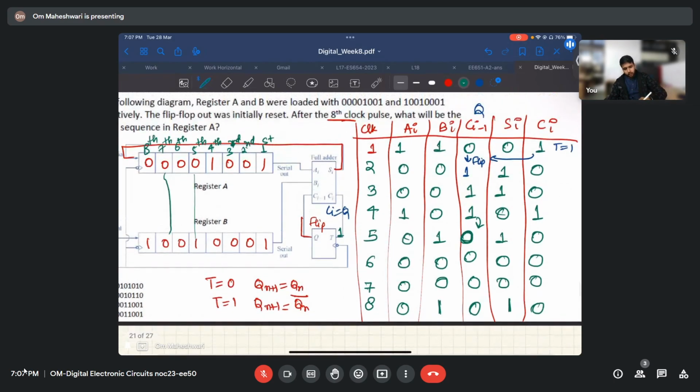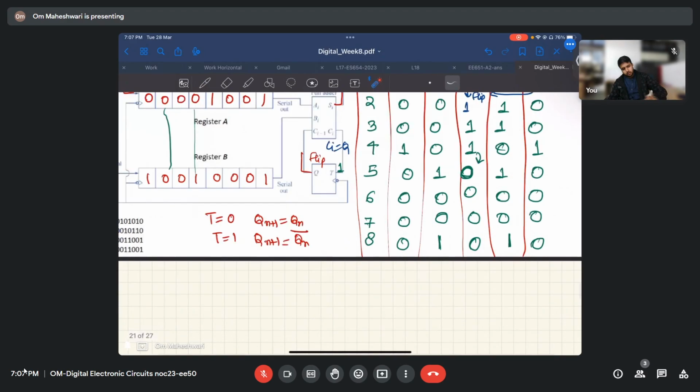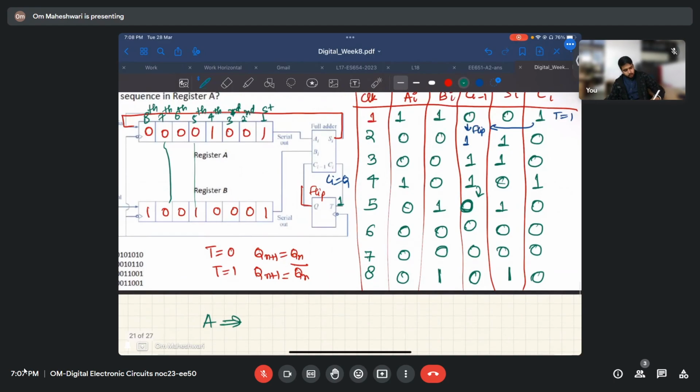Now if you see this, what is happening? This SI is only going as input to this. So this SI is actually the new input to A. Now A will be filled with 0, 1, 1, 0, 1, 0, 0, 1.